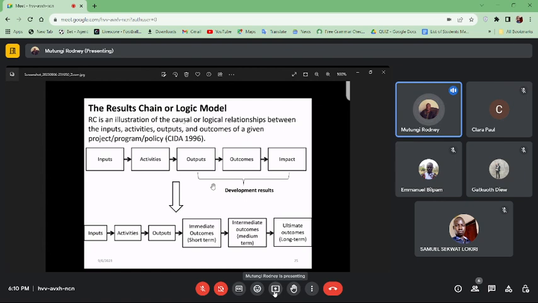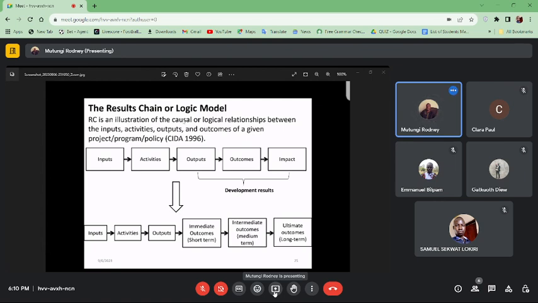That behavior change can come in the midterm, the outcome. Then from the outcome, we go to impact, which is a long-term effect. When they change from eating non-nutritious food to nutritious food, in the long term, their nutrition status will be better. I wanted to highlight this because it will enable us to appreciate what we are going to be talking about in this session.